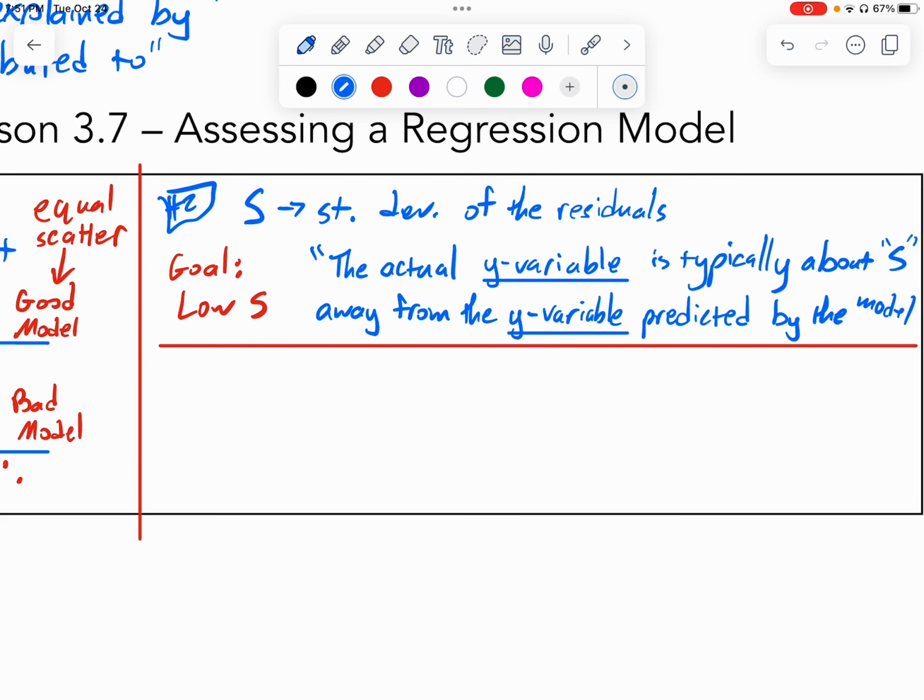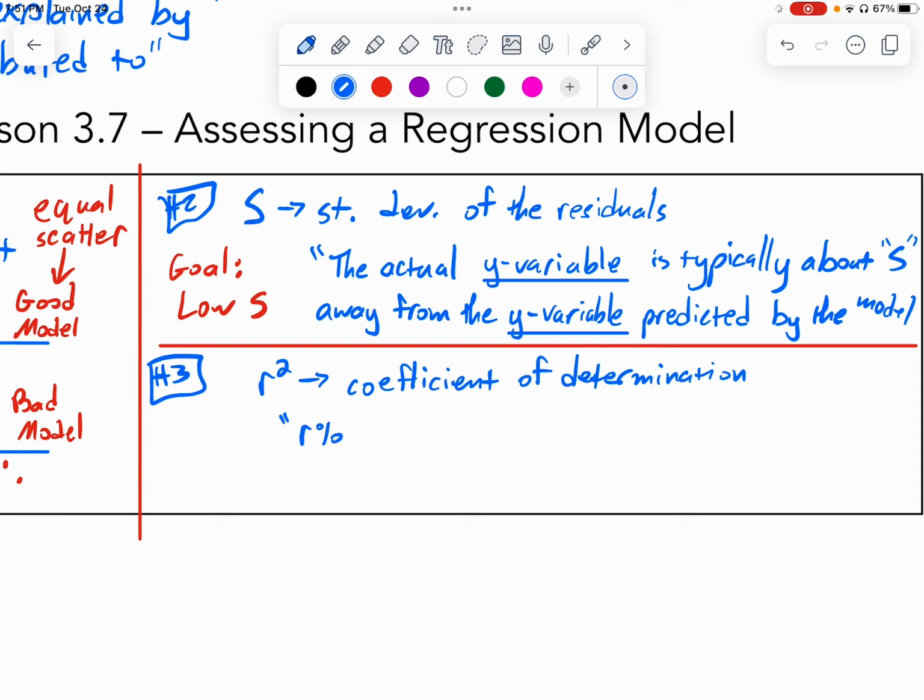All right, number three, R squared, what was it called again? The coefficient of determination. Here's what it means.